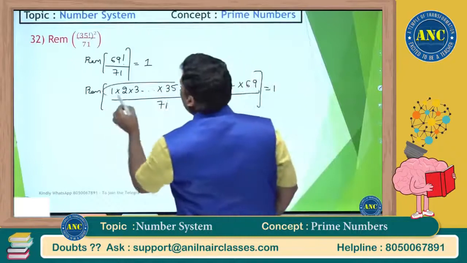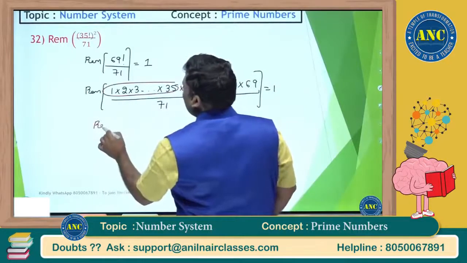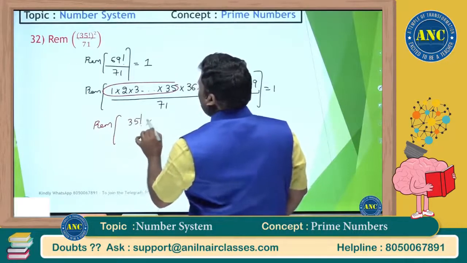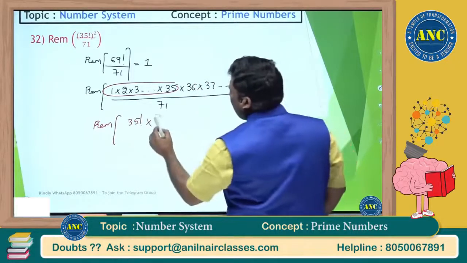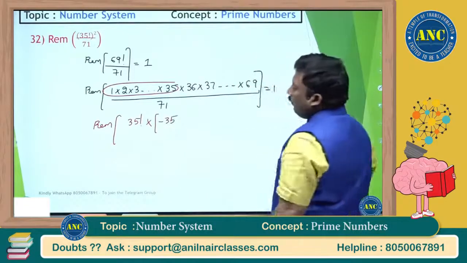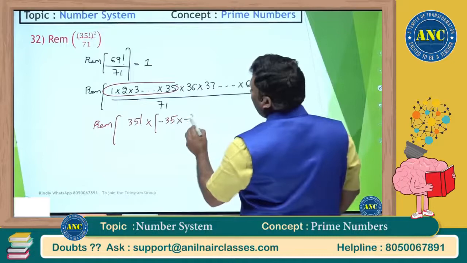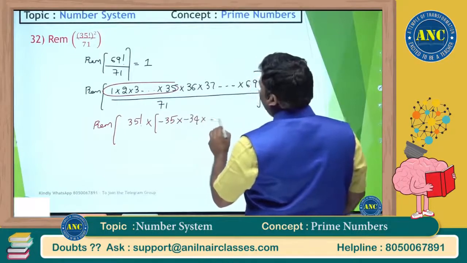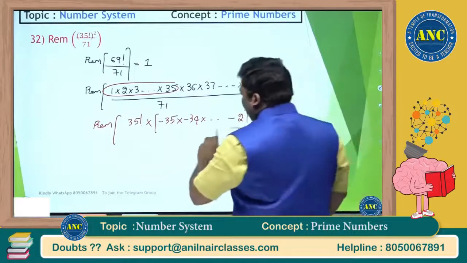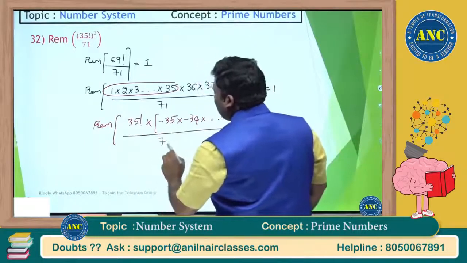1 into 2 into 3 till 35, the product of all the natural numbers from 1 to 35, is 35 factorial. Then 36 by 71: 71 ones are 71, minus 35. Next one, minus 34, and so on, 71 ones are 71, minus 2, divided by 71.